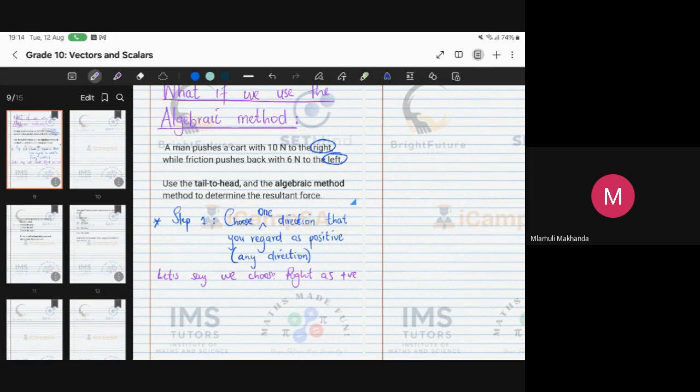It means automatically anything opposite this direction will be negative.